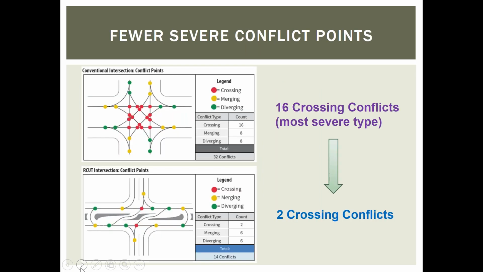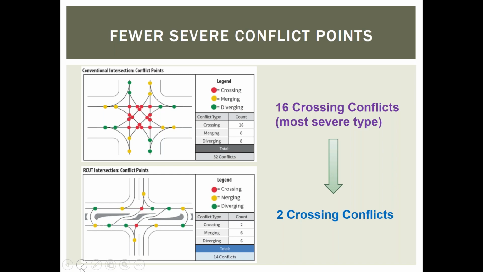Now, the safety one, I hope it's very intuitive as to why the R-CUT is so much safer. It takes out those far side right angle collisions. Those are the most severe type of collisions. And if we think of intersection crash risk in terms of conflict points, they basically represent the potential for a crash when a driver either fails to adhere to a traffic control device, whether they blow through a stop sign or run a red light, or if they make a judgment error.